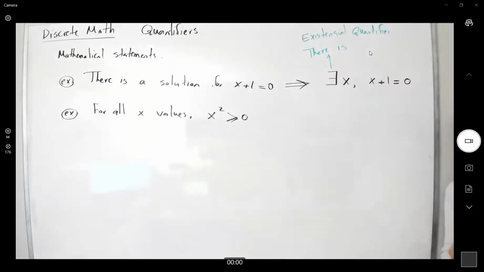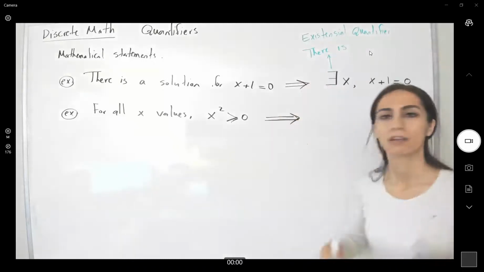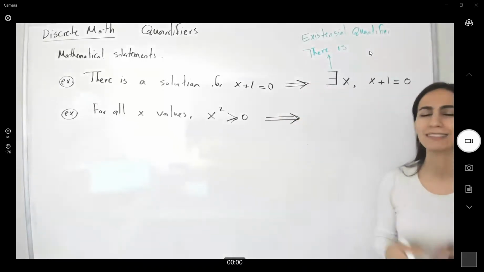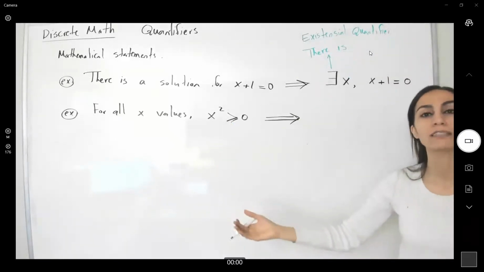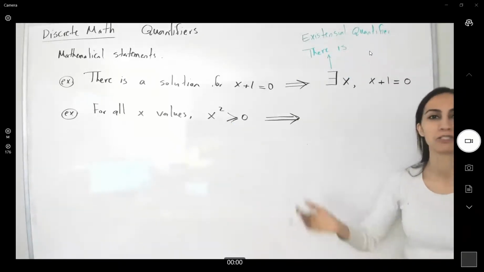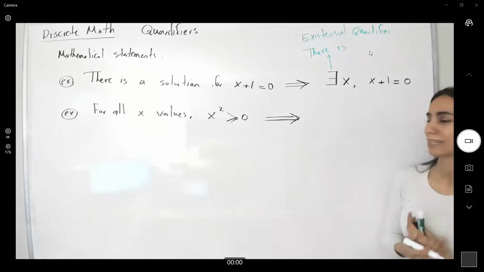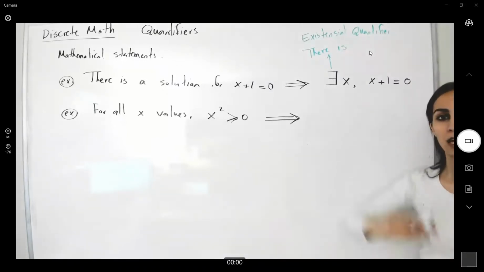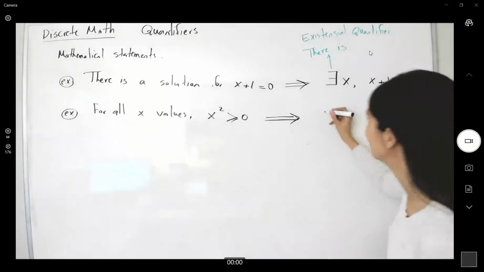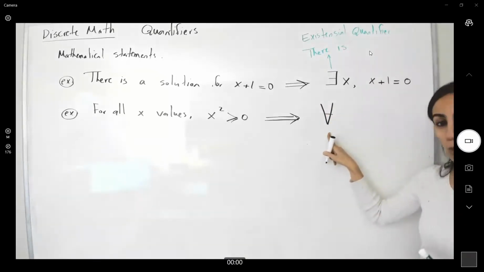The transition from statement into logical form for the second example is going to be for all. For any random value of x, if I square that, it's going to be greater than or equal to 0, for any of them. Take radicals, take fractions, take anything that you like. So the quantifier that you're going to use is an upside down A, and we call it the universal quantifier.